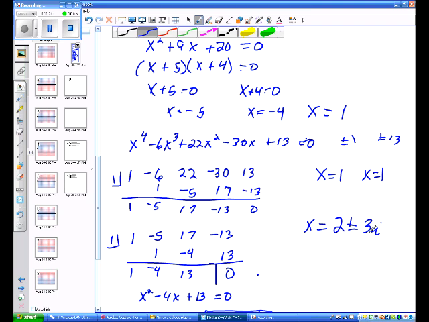Another thing that we also know is if we get a complex number, then we will get conjugates. If we get 2 plus 3i, then we automatically have 2 minus 3i. These are some properties of our polynomials that will come about. So if you find that you have one complex number, then you know that you're automatically going to have 2 complex numbers. And then we know about the degree.